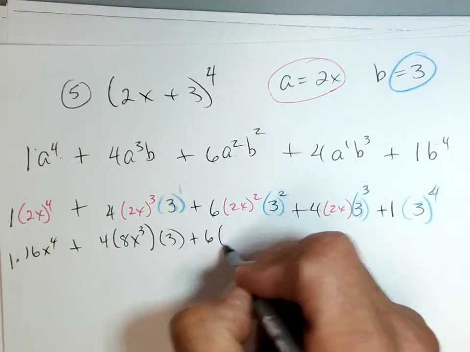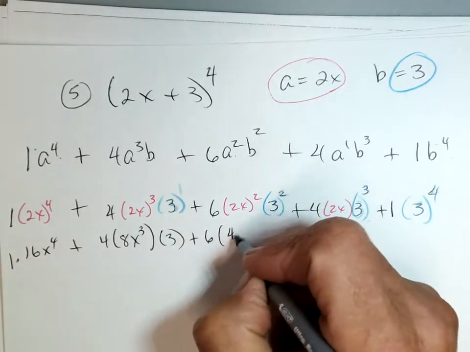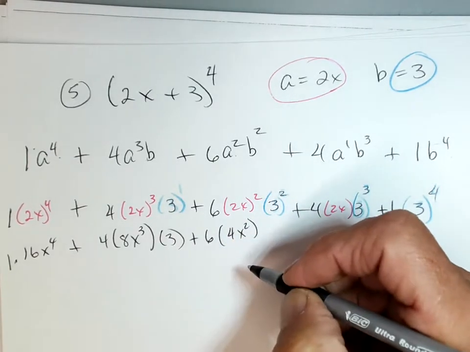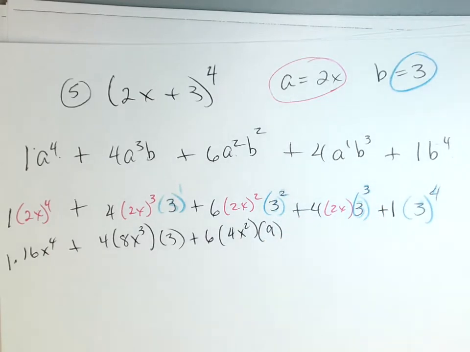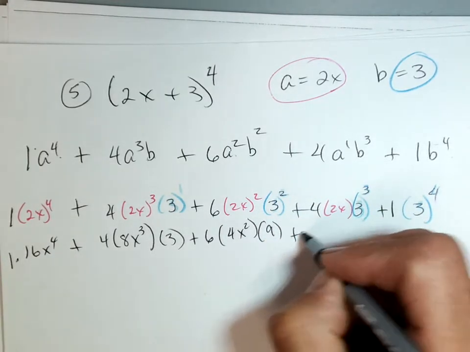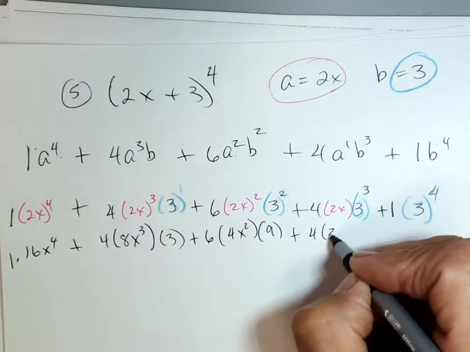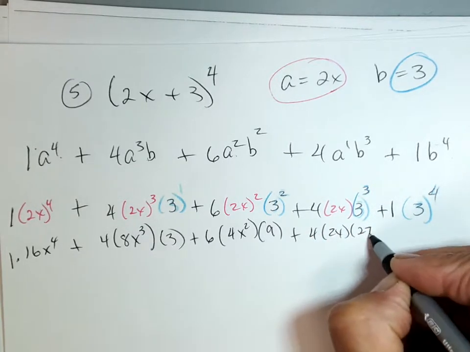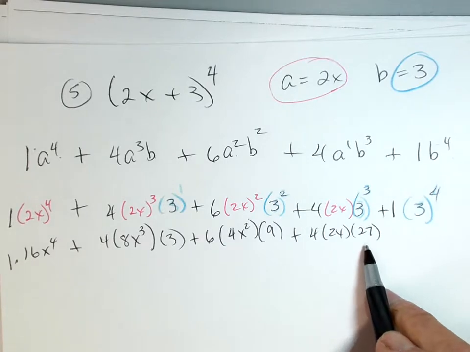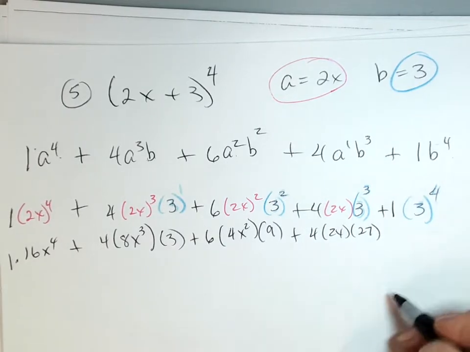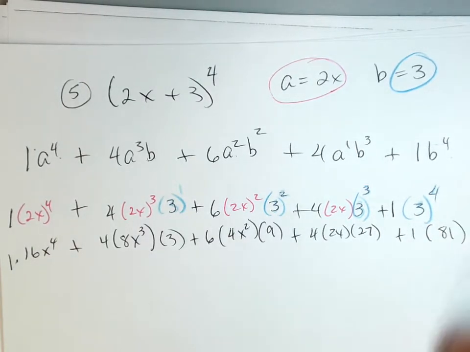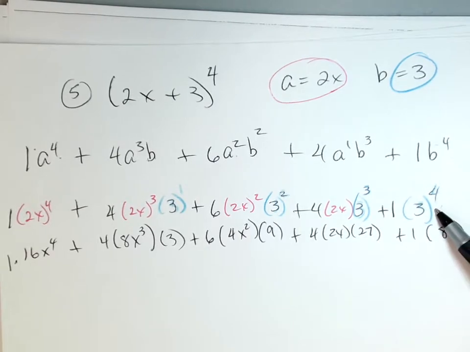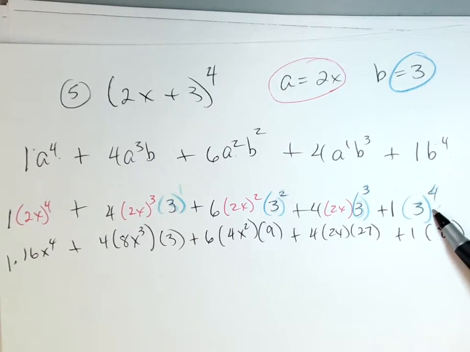Plus this is going to be a 4x squared, because 2 times 2, and then times 9, because 3 times 3 is 9, right? Plus 4 times 2x times 27, because 3 times 3 times 3 is 27, plus 1 times 81, because 3 times 3 times 3 times 3 is 81.